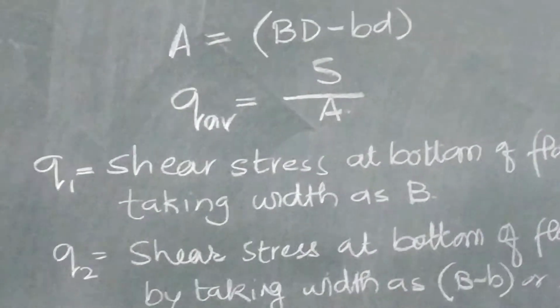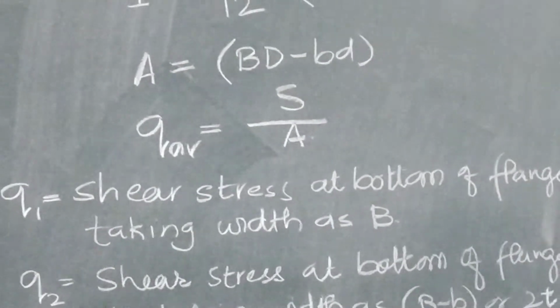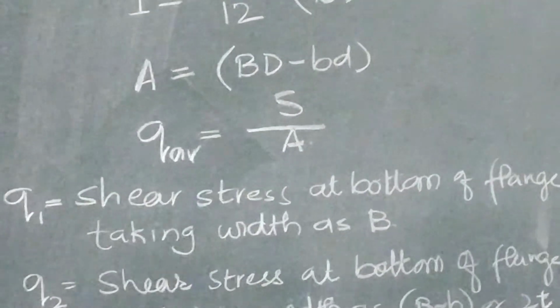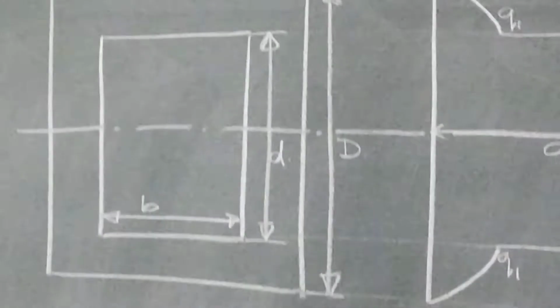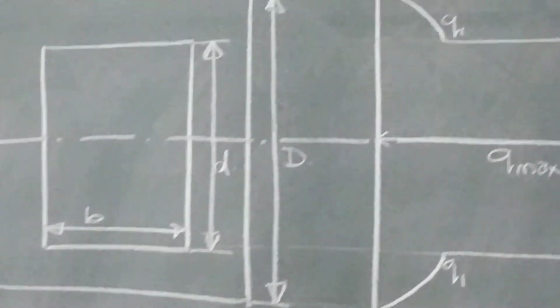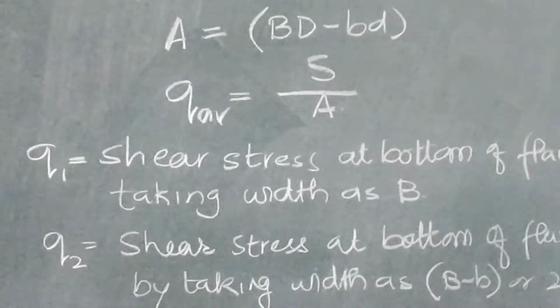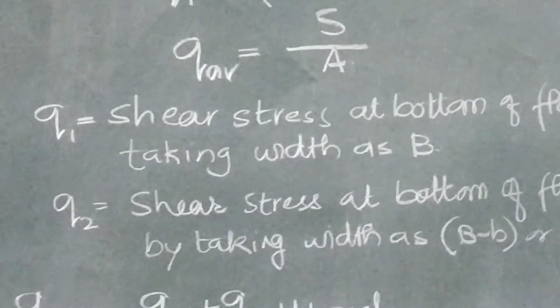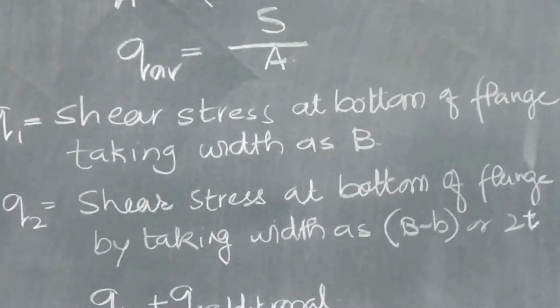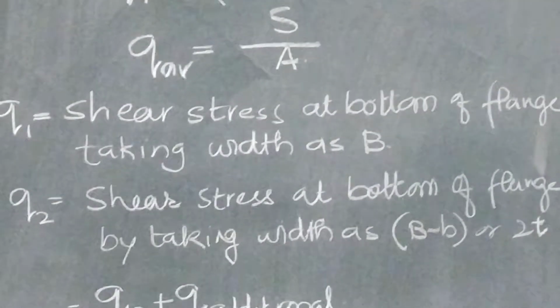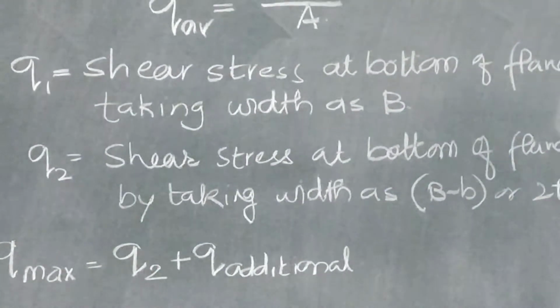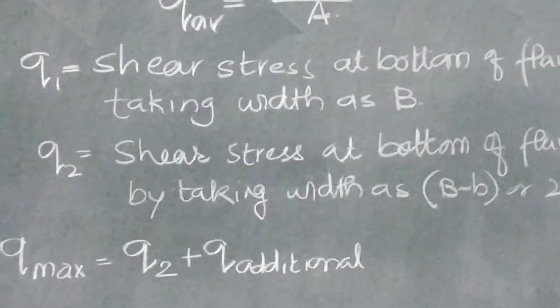Q1 is the shear stress at the bottom of the flange, taking width as capital B. That means the lower width, capital B, bottom flange. Q2 is the shear stress at the bottom of the flange by taking width as B minus small b, or 2 into T, that is thickness.